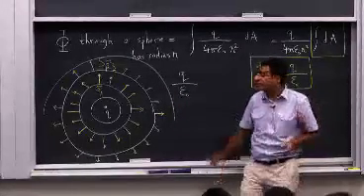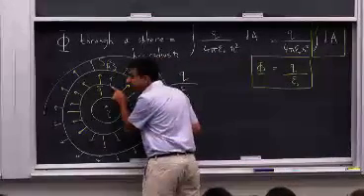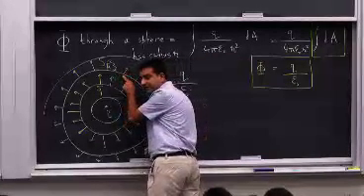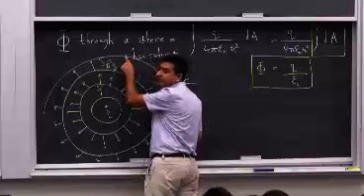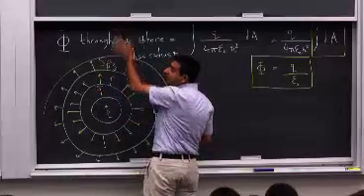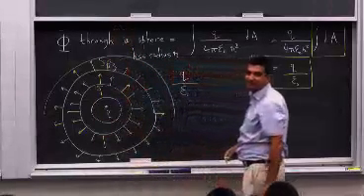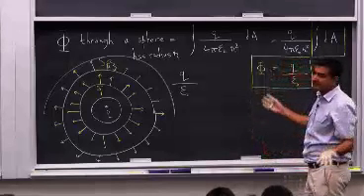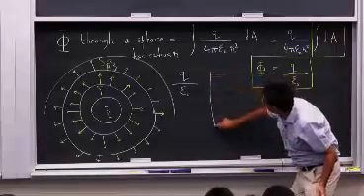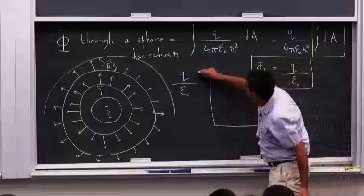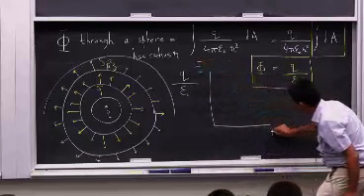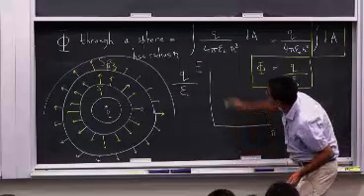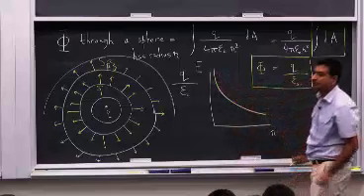It's not going to change. Even though the electric field at S1 is different from the electric field at S2, it's different at S3, it falls off radially as the distance increases. If I were to plot the electric field versus R, we know it drops off quadratically.